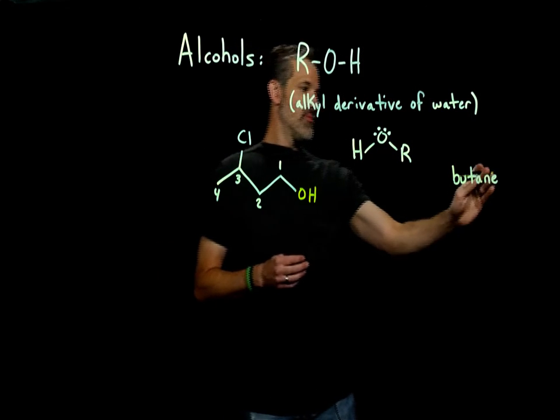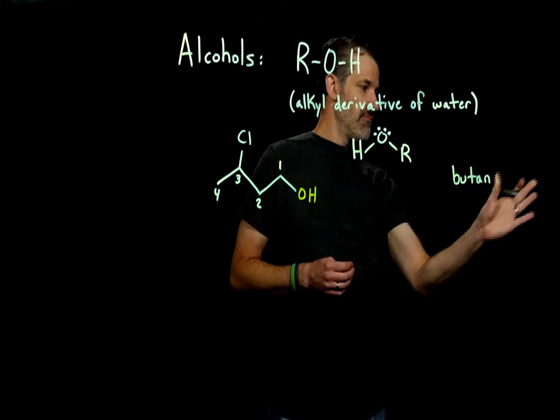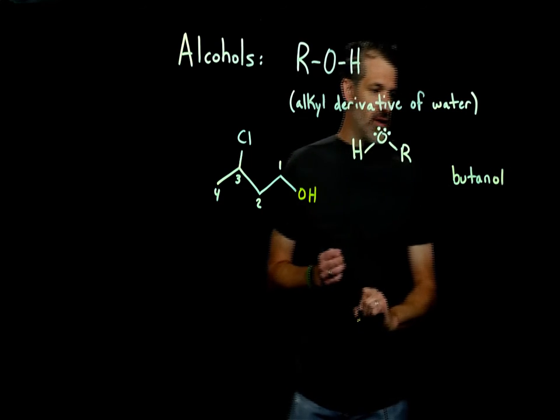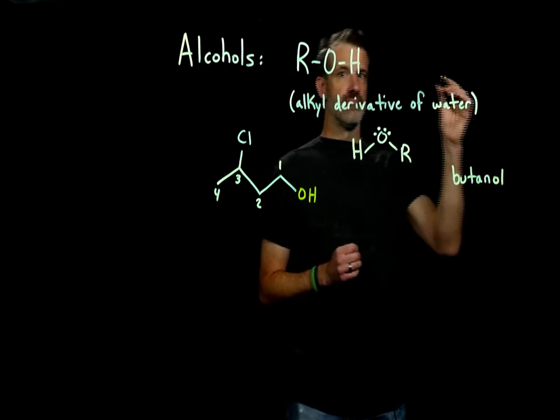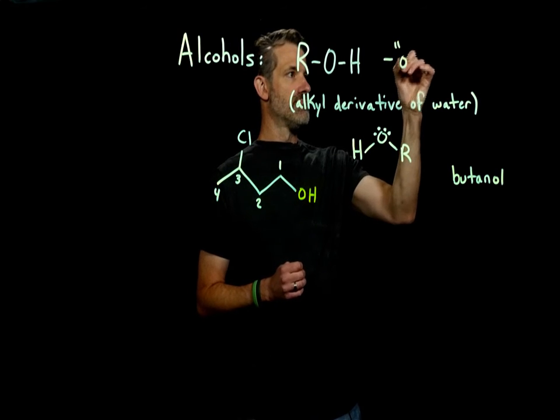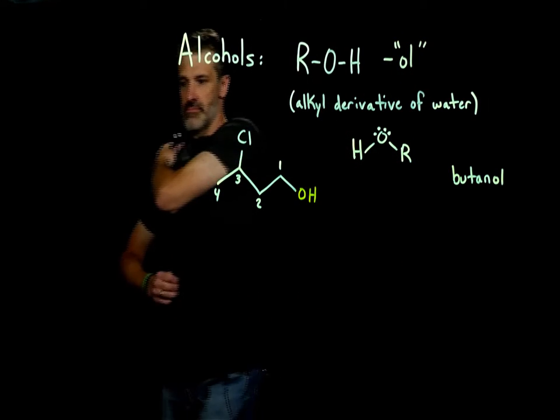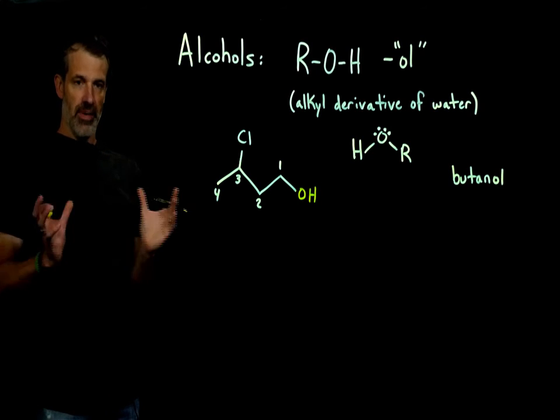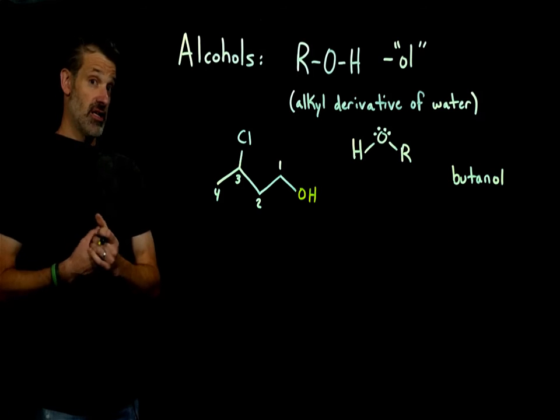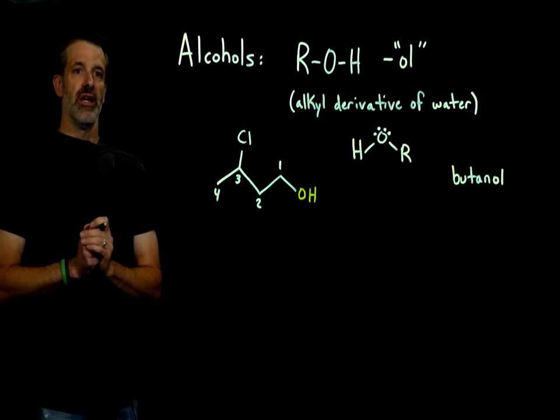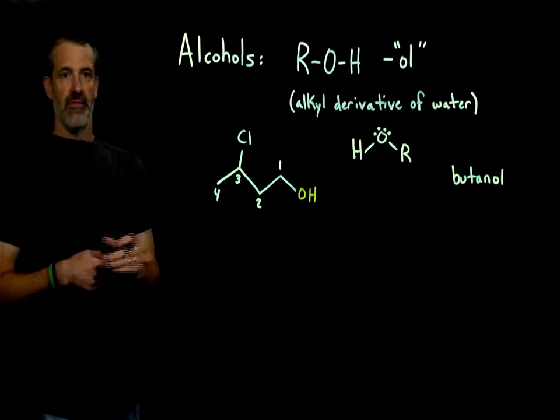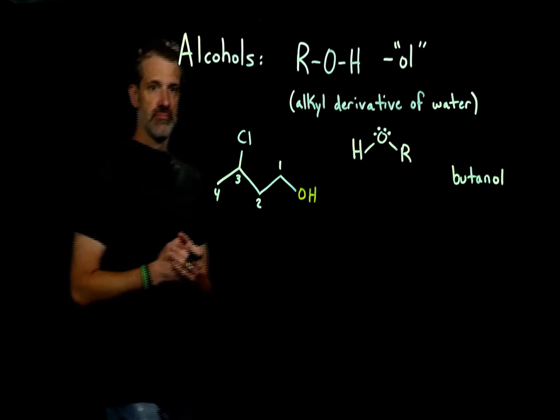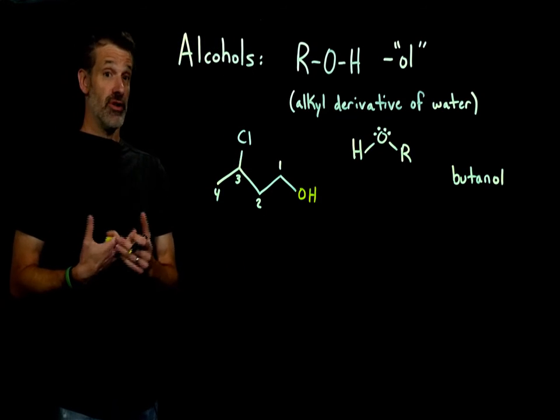Now for alcohols, we drop the E of the suffix and add OL. So the suffix at the end of our parent name lets us know that this is not an alkane or an alkene, but rather an alcohol, is the use of OL. So this is butanol.